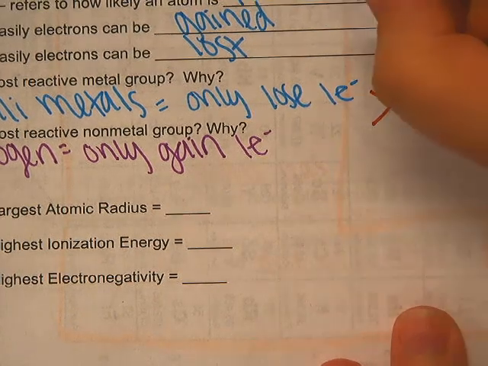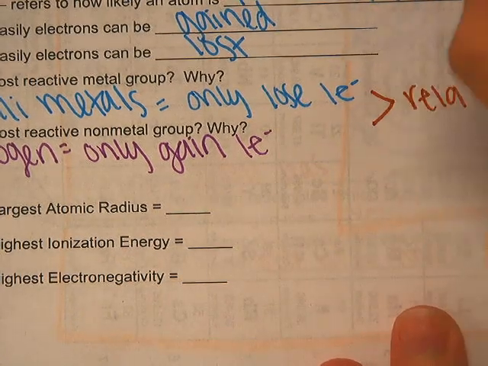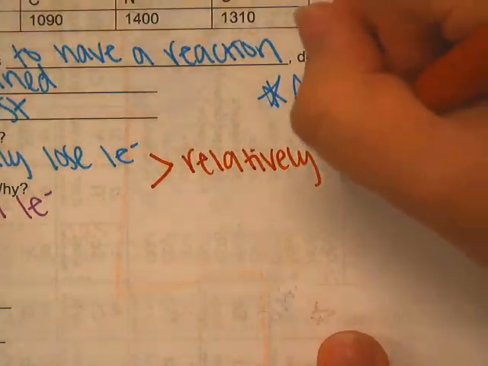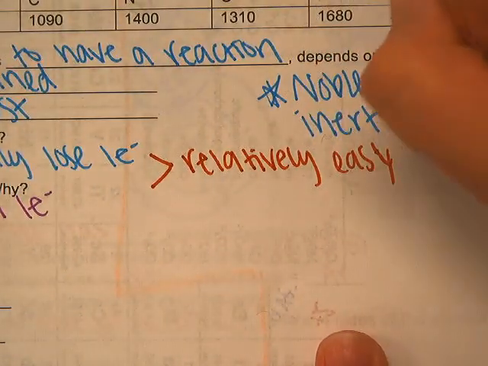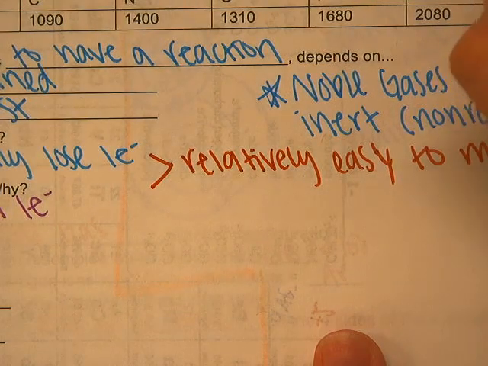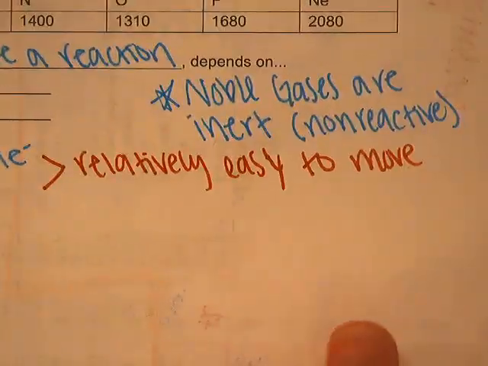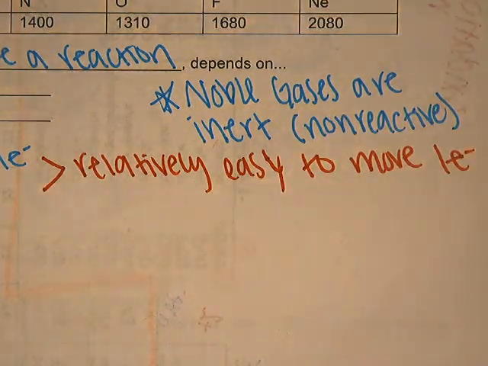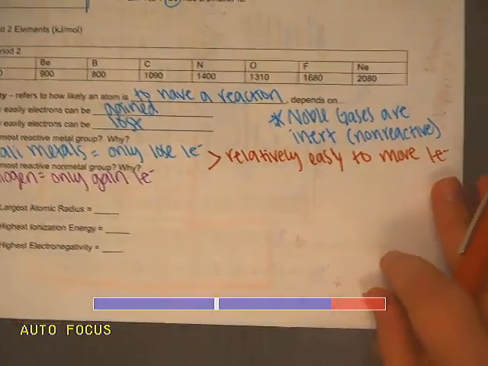So I'm going to put on here that it's relatively easy. Relatively easy to move one electron. And then I'll zoom that out so that you guys can see it.